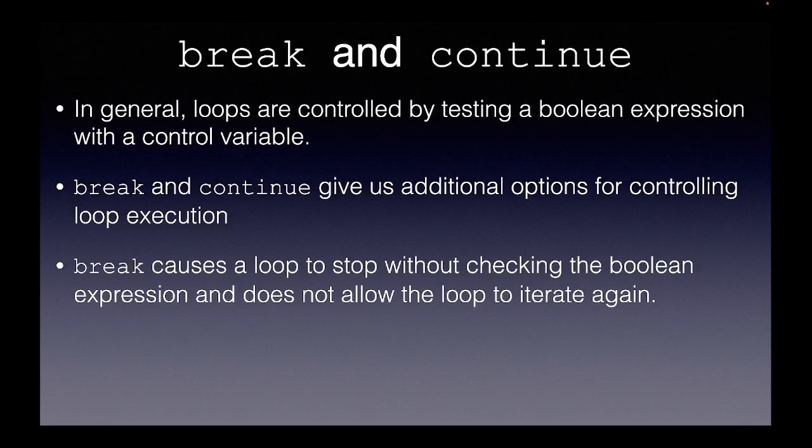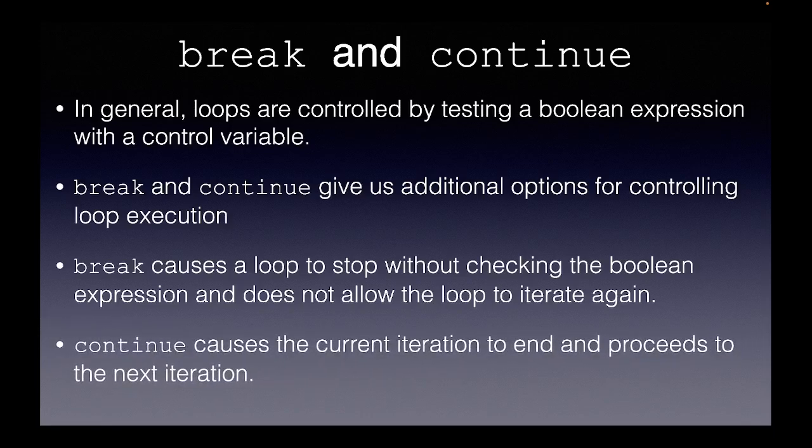The continue statement is sort of similar, but it doesn't stop the loop completely. It just stops the current iteration of the loop and moves on to the next iteration, right? And so in the simple loops that we're using, that's a little bit harder to explain or demonstrate. But maybe you want to run half of your iteration, so to speak, right?